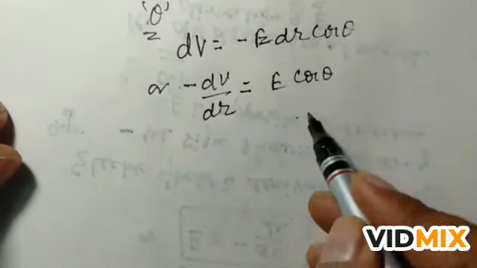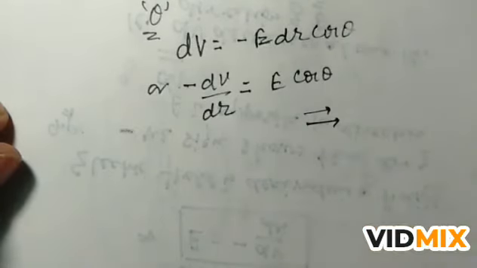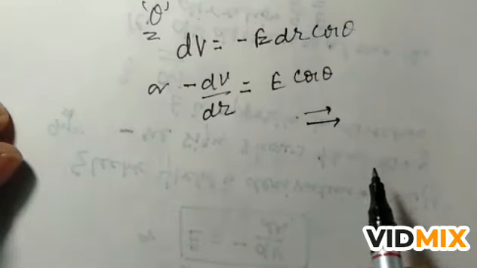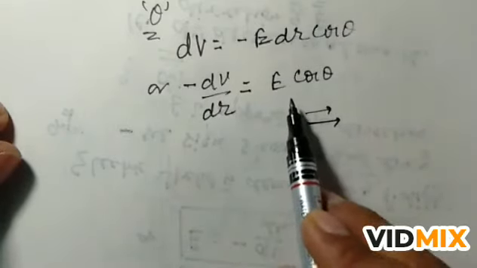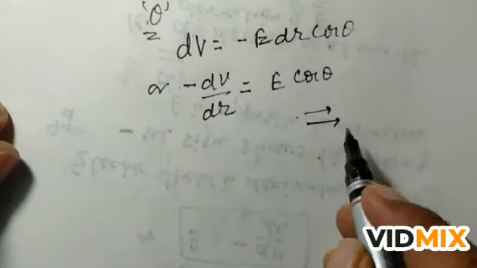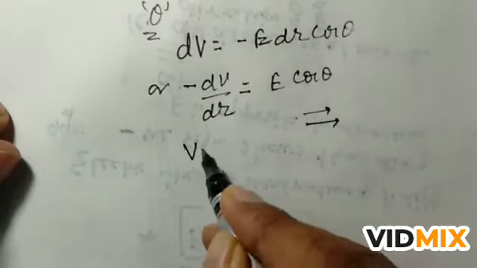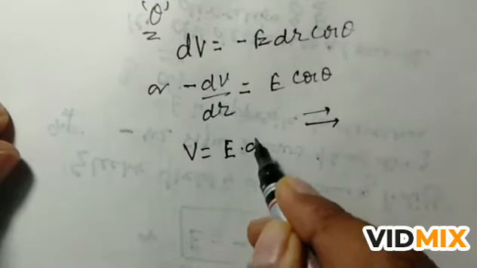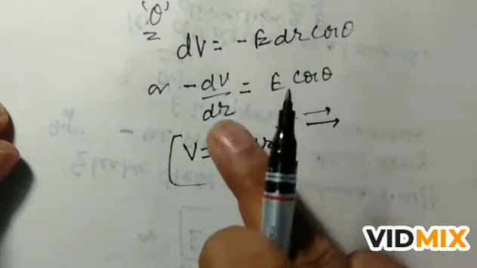And if they are collinear, in the same direction, theta is equal to 0, so V is equal to E dr, because cos 0 is 1.